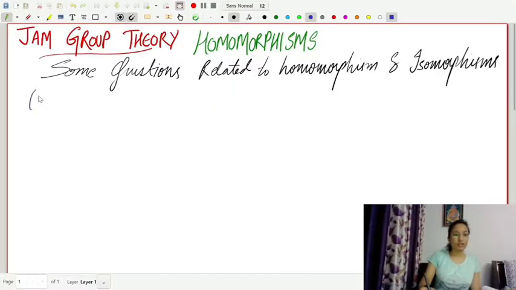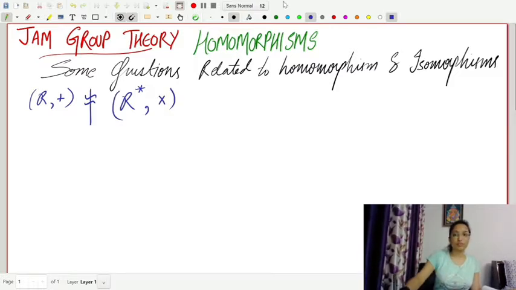Let's see if reals under addition is isomorphic to non-zero reals under multiplication. This is not isomorphic. Why is it so?